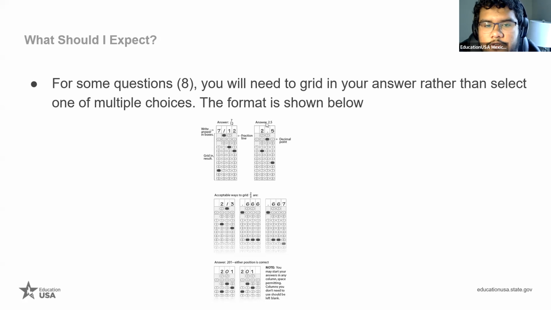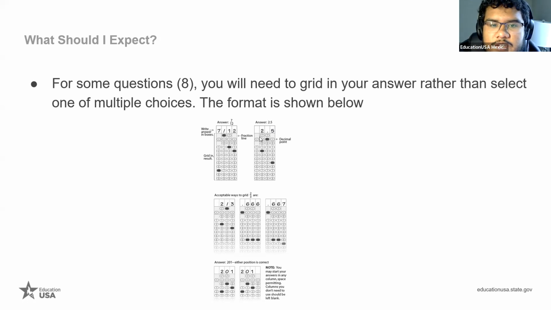Likewise, for 2.5, the way they bubbled it in is that they started with a number 2 over here, followed by a decimal point and a 5. So not only do you have to bubble in your answer representation here, you also have to write it manually up here in these columns just above it.